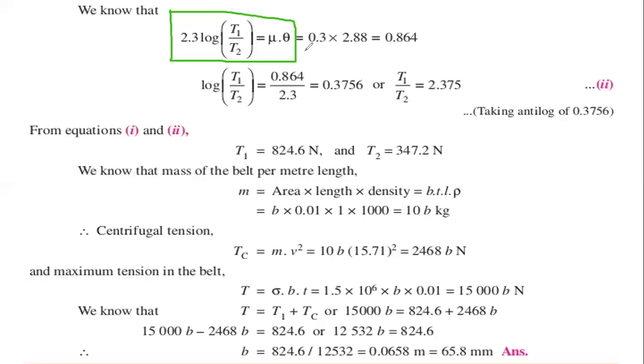Then we got the value as 2.375. So T1 by T2 we got the value as 2.375.